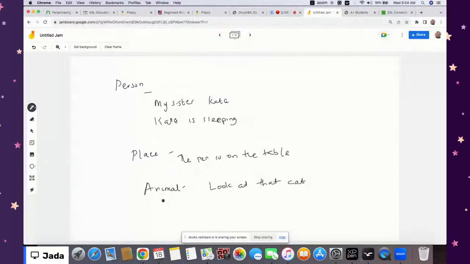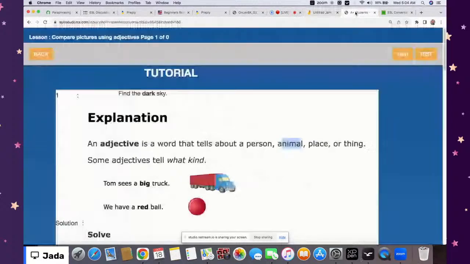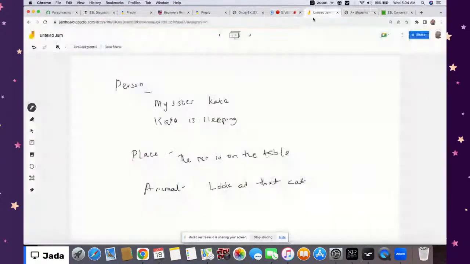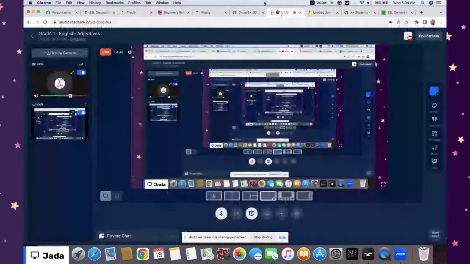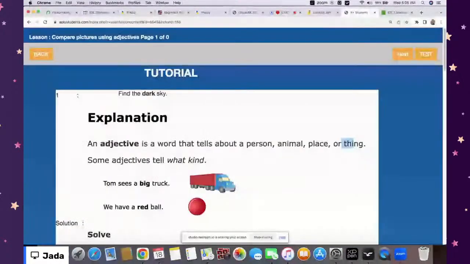So telling us about animal, and then it could also tell us about team. Okay, so we have team. All right, so just note that adjective is a word that tells you about a person, animal, place, or thing.